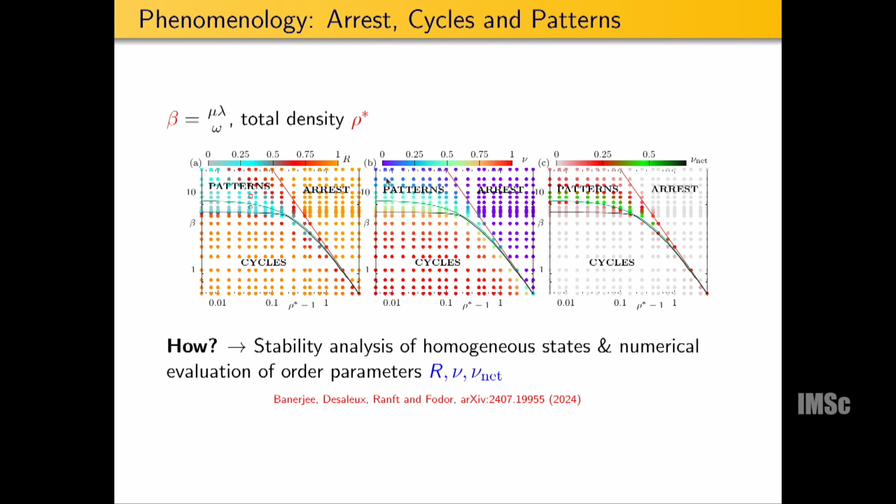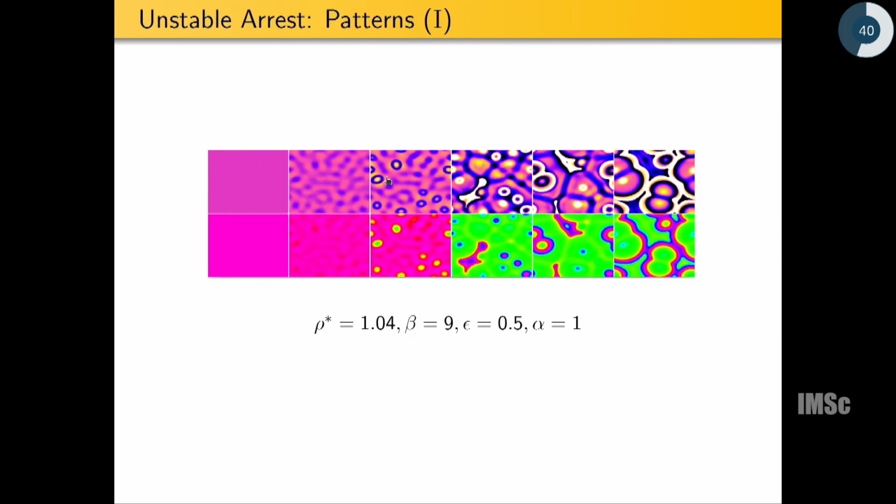For that, you have to measure the phase current, how much the phase changes in a certain amount of time in the steady state, in non-dimensional units. This phase current is close to 1 when you have cycles because it's driven completely by the frequency, and if you're in the arrested state, there is no phase current, it's stuck. If you subtract out the homogeneous contribution from the phase current, you see that the phase diagram that you get from the synchronization parameter and the phase current match, they overlap. These are the numerical tests that we did to verify the analytical phase diagrams. Okay.